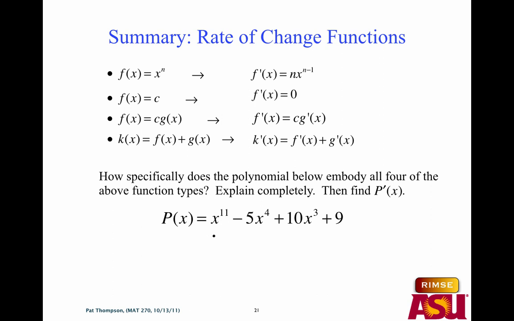Okay, so when I look at this polynomial, it is comprised of different functions. There's a function of the form x to the 11, a function of the form 5x to the 4th, another of 10x to the 3rd, and a constant function 9.